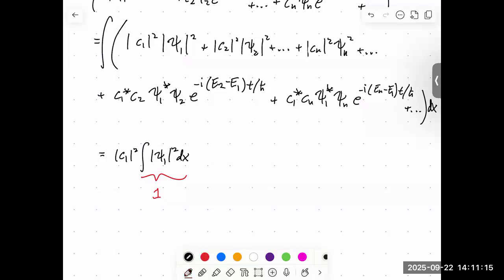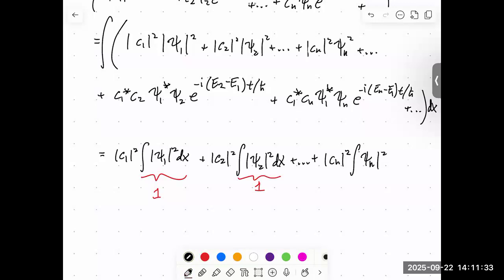All right, and then that's going to continue. So we'll get a C2 squared integral of psi2 squared dx. But of course, that is 1, plus and so on, plus Cn squared integral of psi n squared dx. That's going to be another 1. And we get plus and so on. So those are the direct product terms.